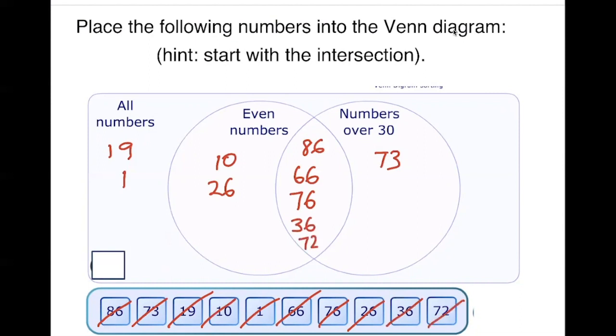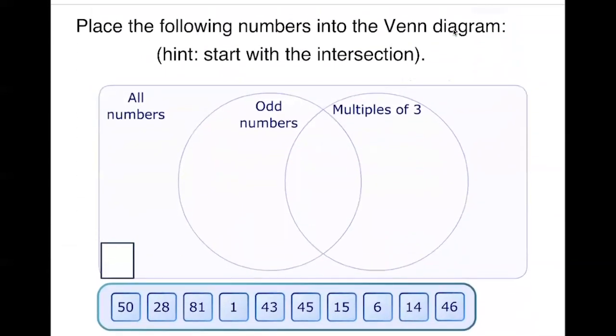So we have, in terms of the universal set, all of those numbers are in the universal set. The numbers which are neither even nor over 30 are 19 and 1. The even numbers are 10, 26, 86, 66, 76, 36, and 72. And the numbers over 30 are 73, 86, 66, 76, 36, and 72.